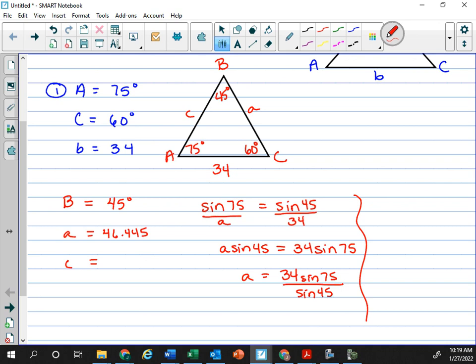Unless you're storing that value from A, don't use A to find C. You can go back to using B to find C. I'll jot it down up here if you're unsure. And go ahead and solve that one to 3 decimal places.